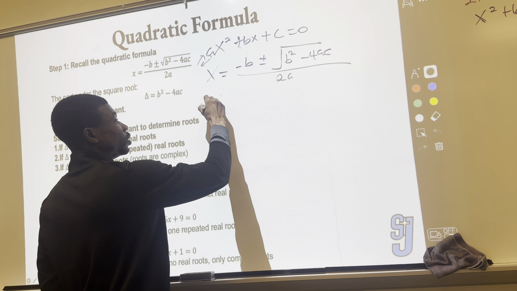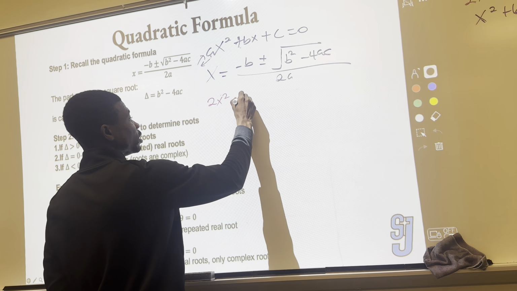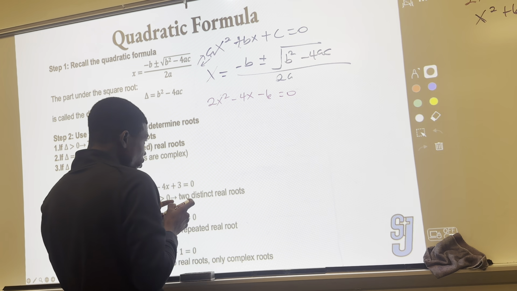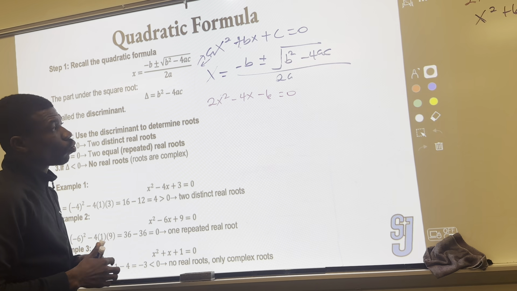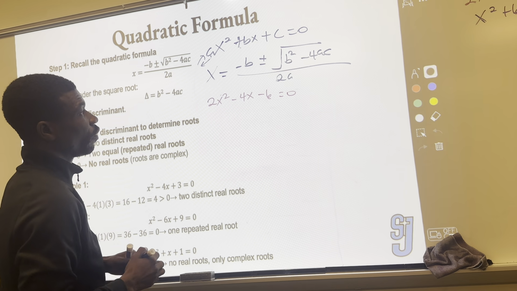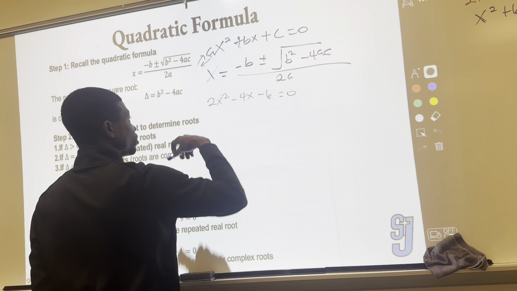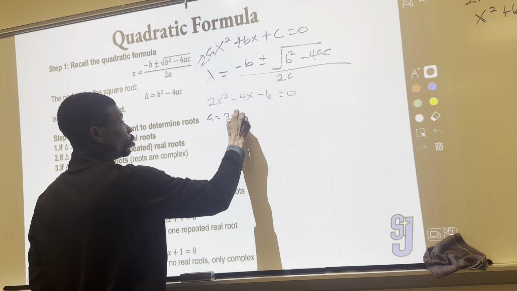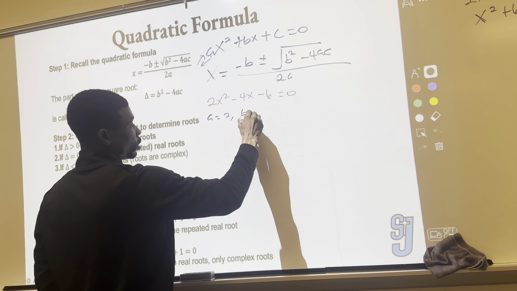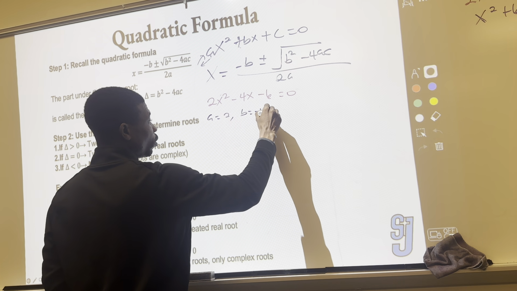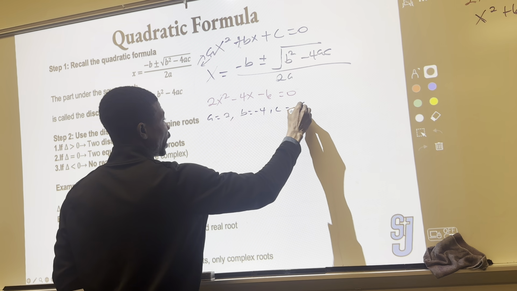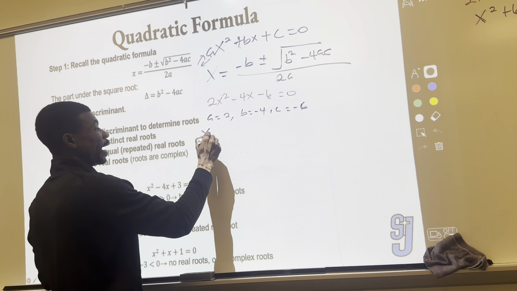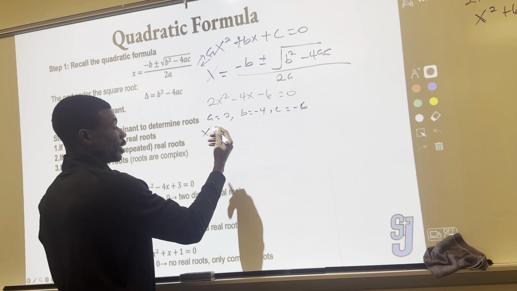We had 2x squared minus 4x minus 6 equals 0. So our A equals 2, B equals -4, C equals -6.